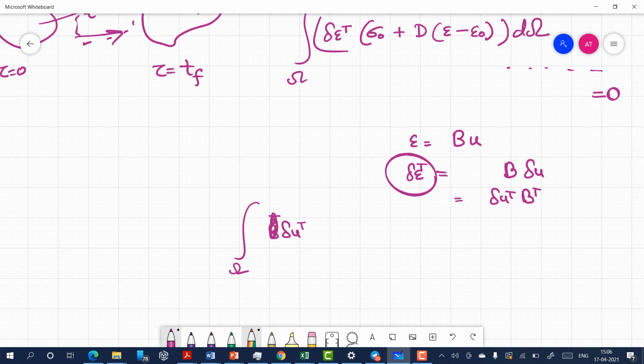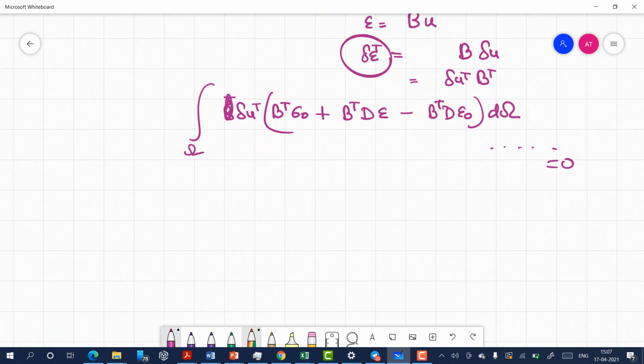So I will have del U transpose and then B transpose multiplied by sigma naught plus B transpose D into epsilon minus B transpose D into epsilon naught, d omega, and then I will have the rest of the things equals 0, right? Okay, so I can actually take del U transpose out from the other two terms also.